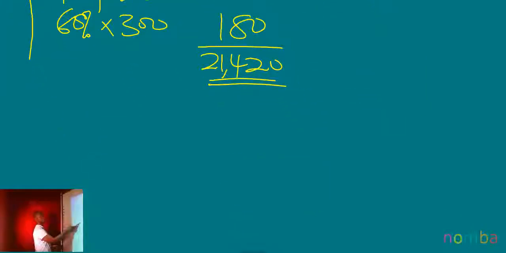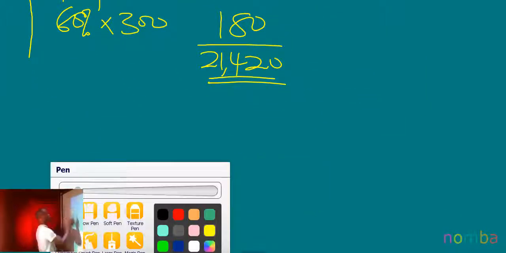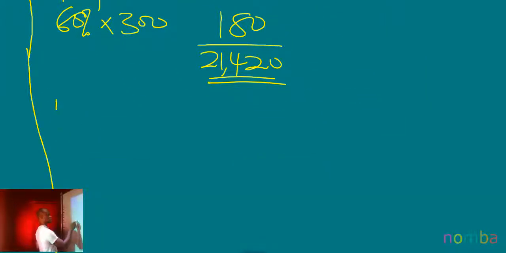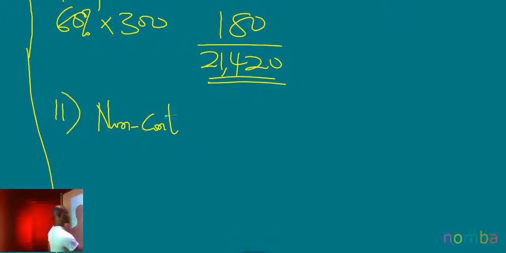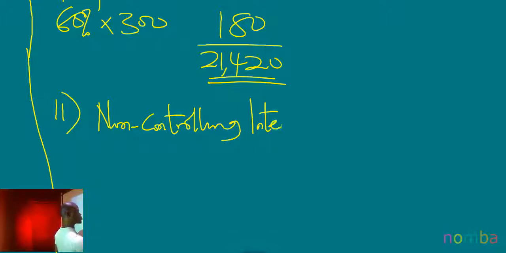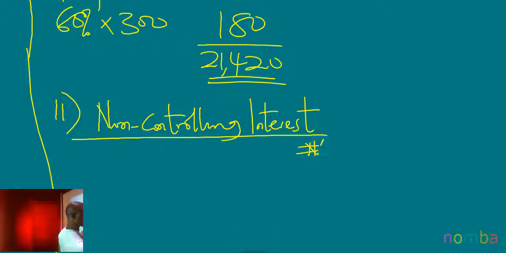So finally, is the non-controlling interest, and that will be workings 11. So what is the value of NCI at acquisition?